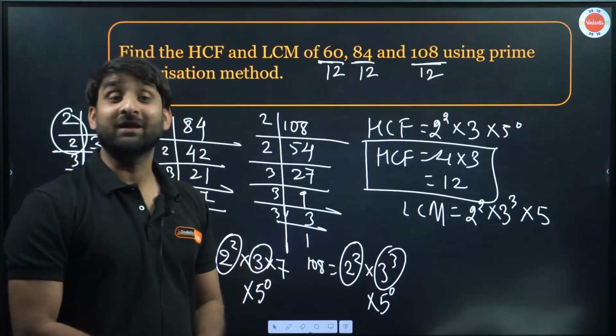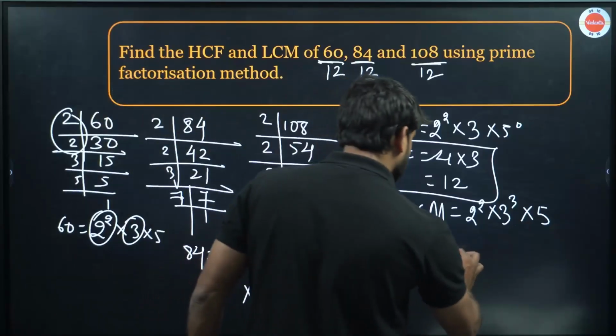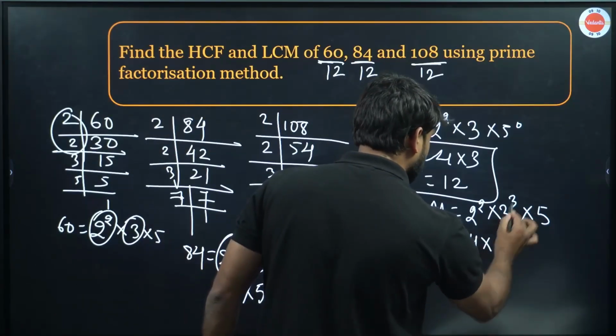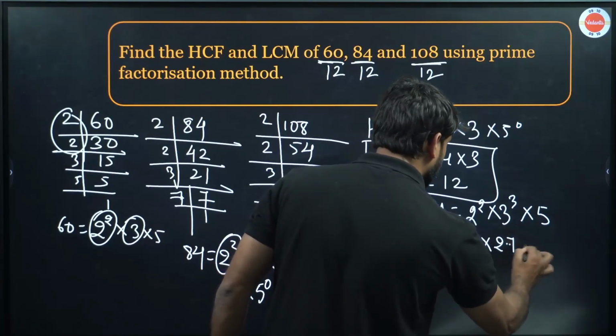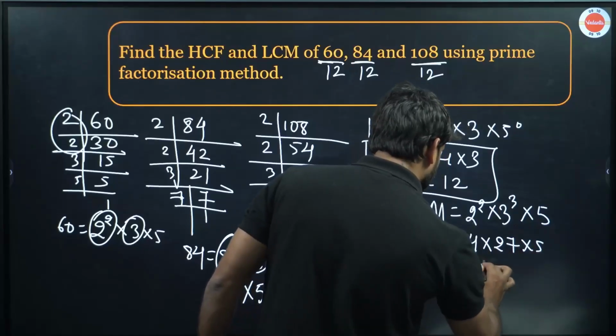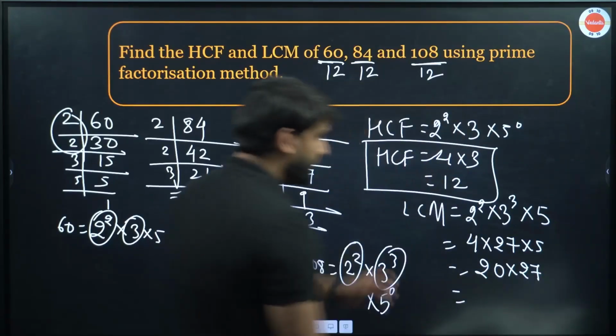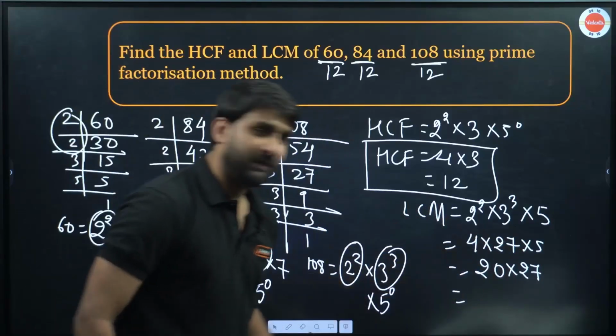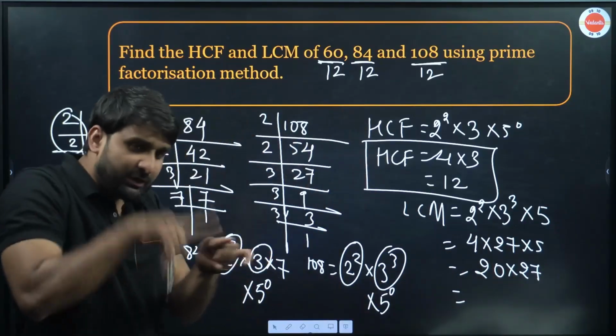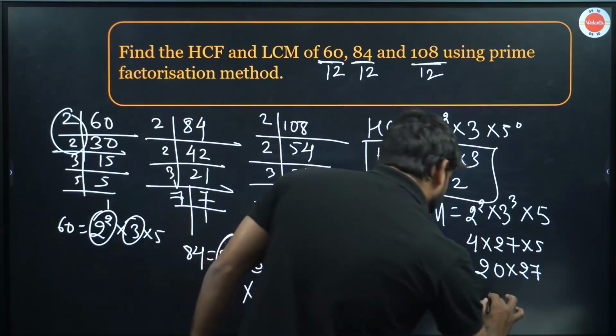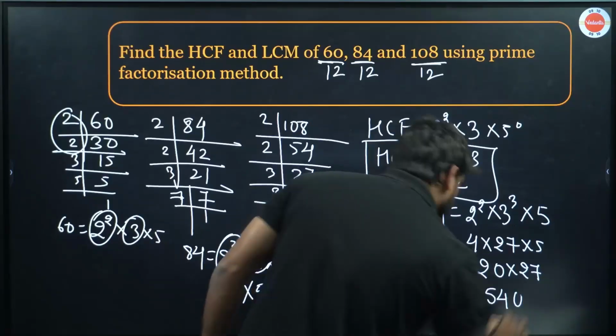We are finding out here LCM. Now can we please solve this? So 4 will be there, 3 cube is 27, and this is 5. So by multiplying, 4 into 5 is 20, and 20 into 27 is 540.